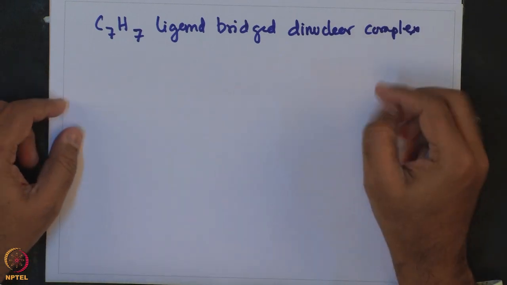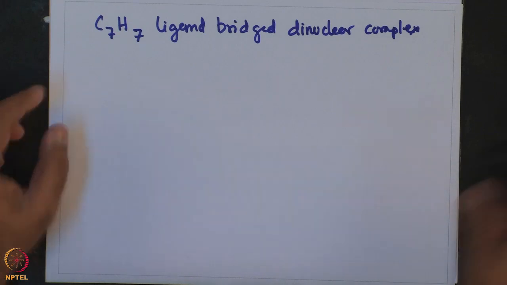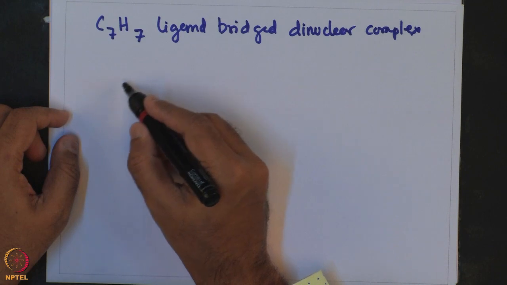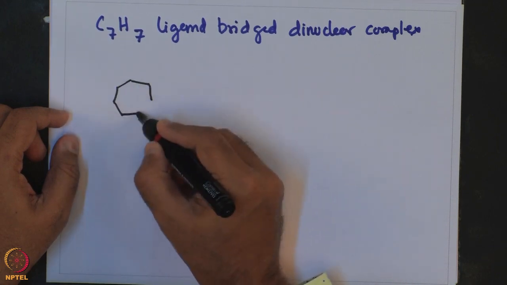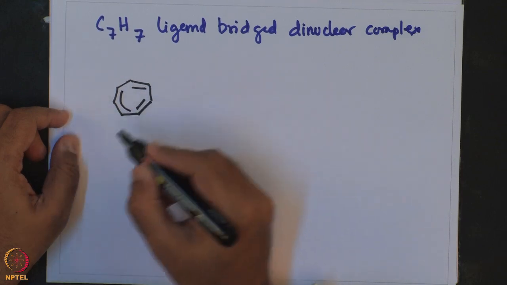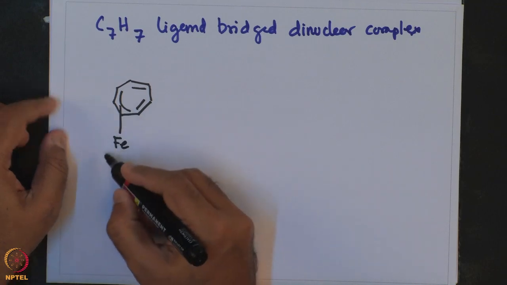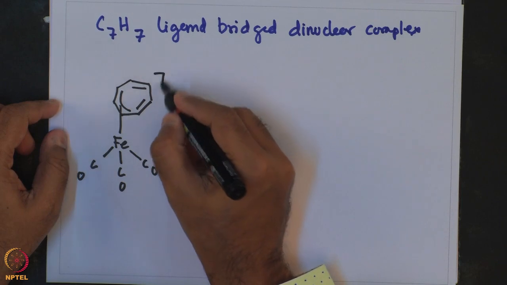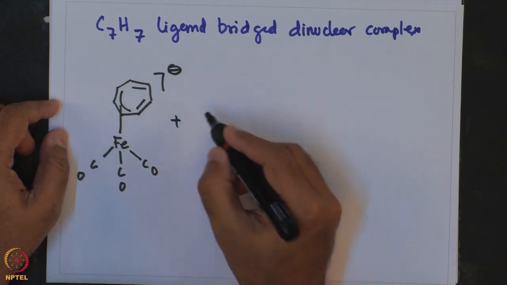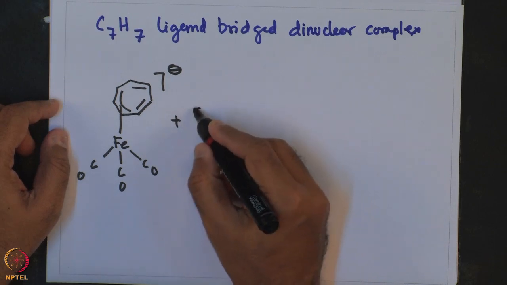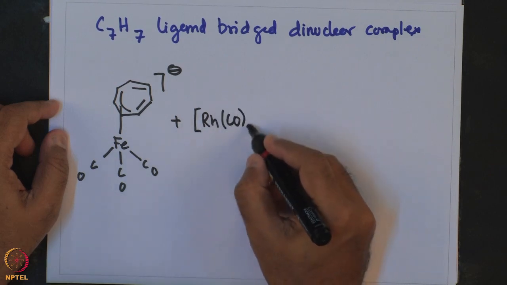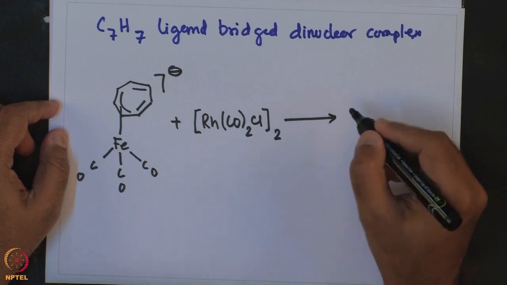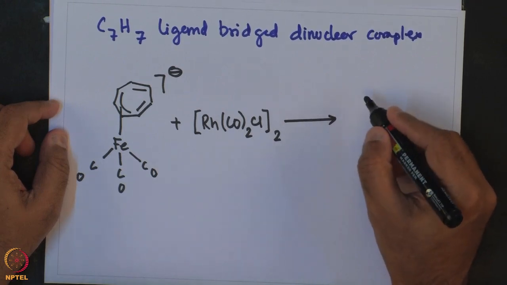This is an interesting reaction in which an eta 3 bound iron tricarbonyl compound of the type shown over here, in its anionic form, reacts with rhodium dicarbonyl chloride dimer, giving rise to this bridging dinuclear heterobimetallic compound.